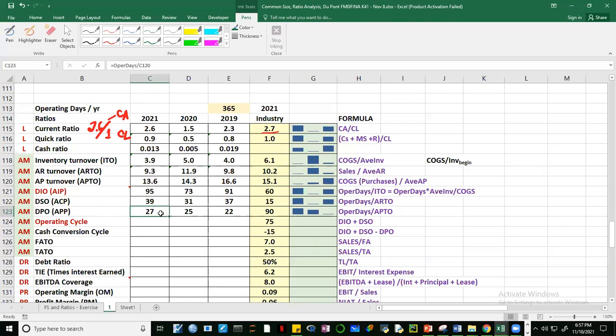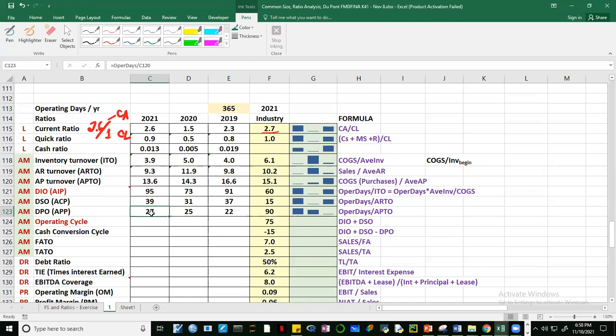Either hindi tayo nakakabayad on time, mas on the average, mas tumatagal yung pagbayad natin, mas nadidelay tayo. Or pwede rin naman, medyo ini-increase ni supplier yung terms sa atin. Kasi siguro matagal na tayong we do business with the company. So supplier is giving us a favor by increasing the time for us to pay the payable.